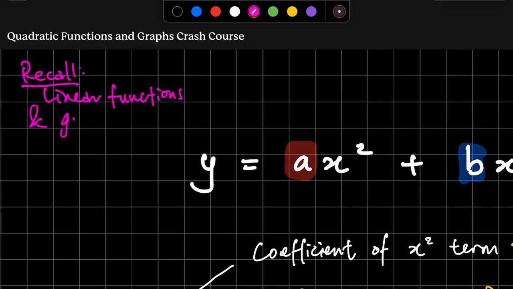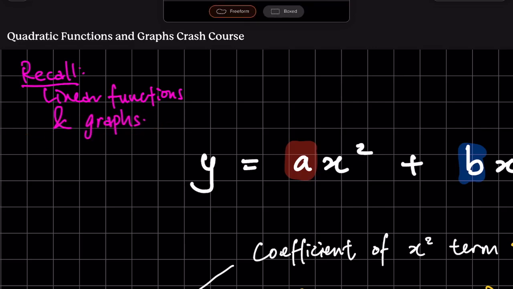Today we're going to go through quadratic, but you need to know a bit of linear functions and graphs. Linear functions usually look like y equals mx plus c. This is the form that we like to write it as.